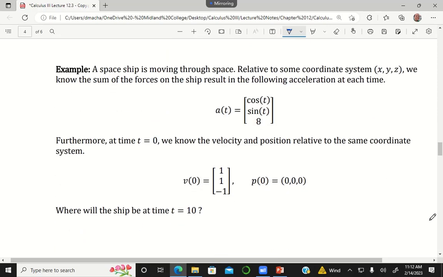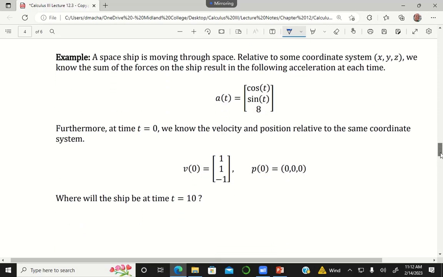New example. So we have a spaceship. And we have to define some coordinate system in space, so maybe the coordinate system is relative to Earth and the North Pole and whatever else.